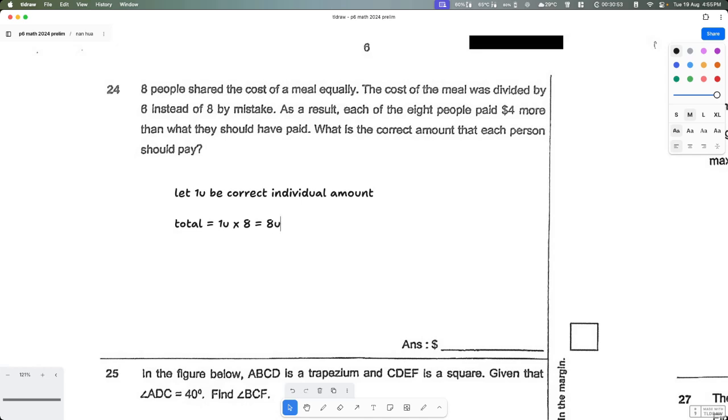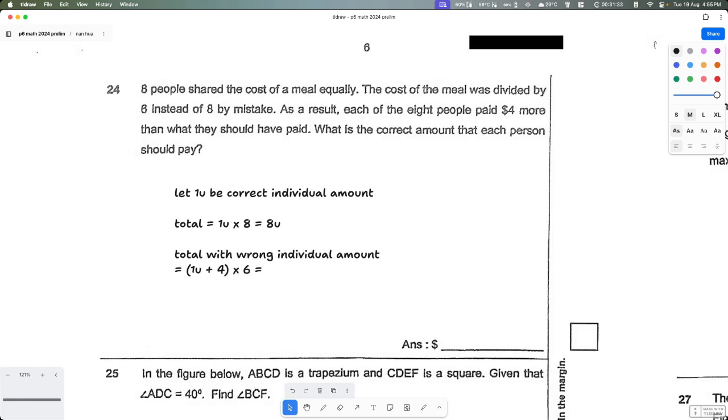Pretty straightforward, right? So the wrong amount is equal to, in this case, we have one unit, but they paid the total with the wrong individual amount, which is basically one unit plus 4, and then we multiply this by 6, right?